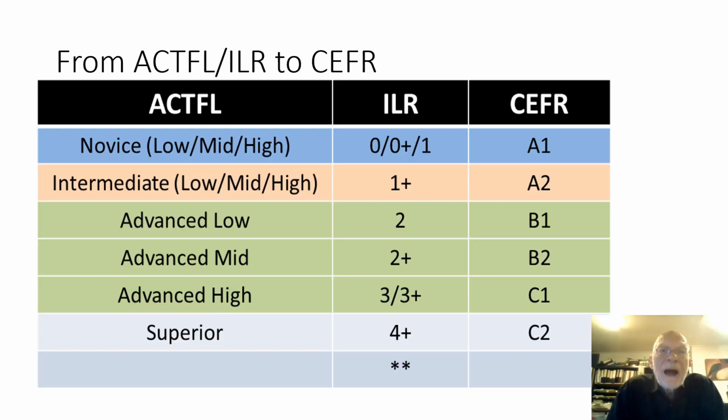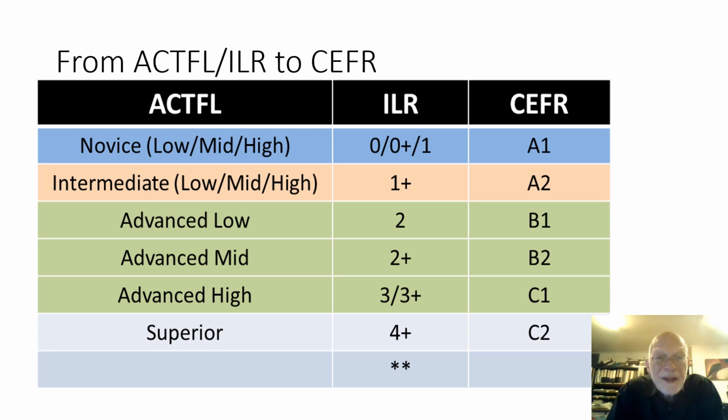Now let's look at how the ACTFL and ILR scales relate to the CEFR. Novice low, mid, and high, which are ILR 0, 0+, and 1, are comparable to A1 on the CEFR.